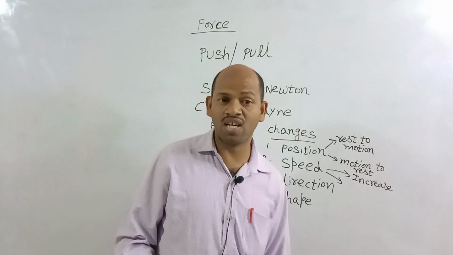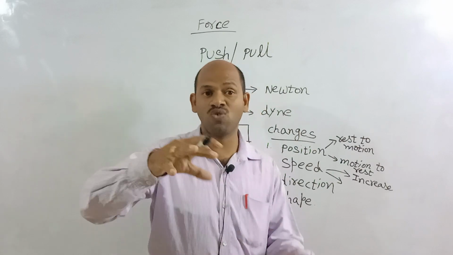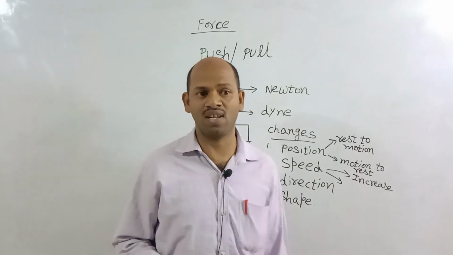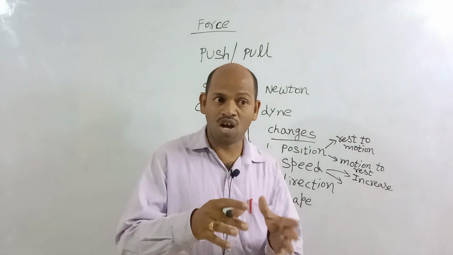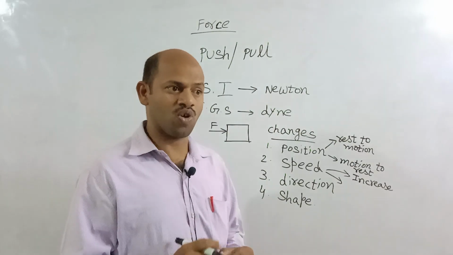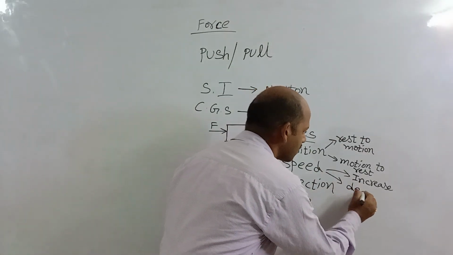What do we do? Suppose on a bike we apply some force by using our hands or the leg, and we stop that vehicle. Before stopping, its speed decreases. So by applying force, speed will decrease.